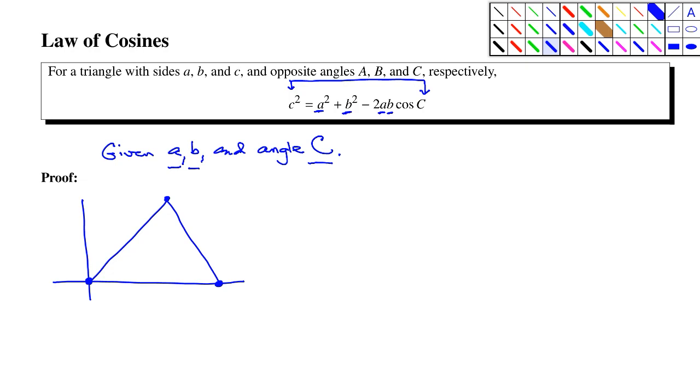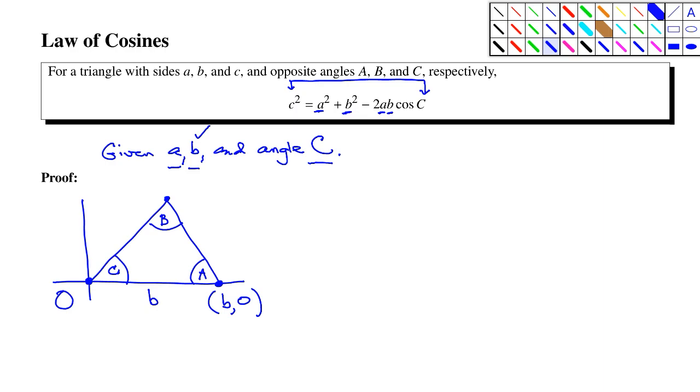This one is arbitrary because it might actually be in the second quadrant. Doesn't matter. So this is going to be the origin, O, but then we'll also call that angle C. And then we'll have angle A here in the corner and angle B up here at the top. Now we were given side b, so that's going to be the distance along the x-axis. That means this point over here is the point (b, 0).